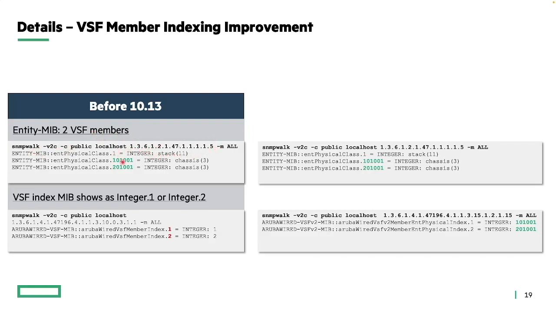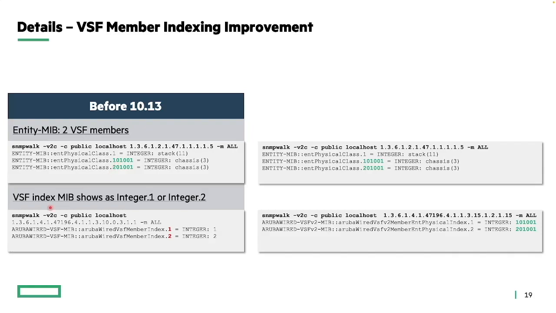You will see that it shows it is stacked, and then it will show 101001, 201001, saying that this is member 1 and this is member 2. That's the entity MIB: it reads the VSF members and the chassis itself.